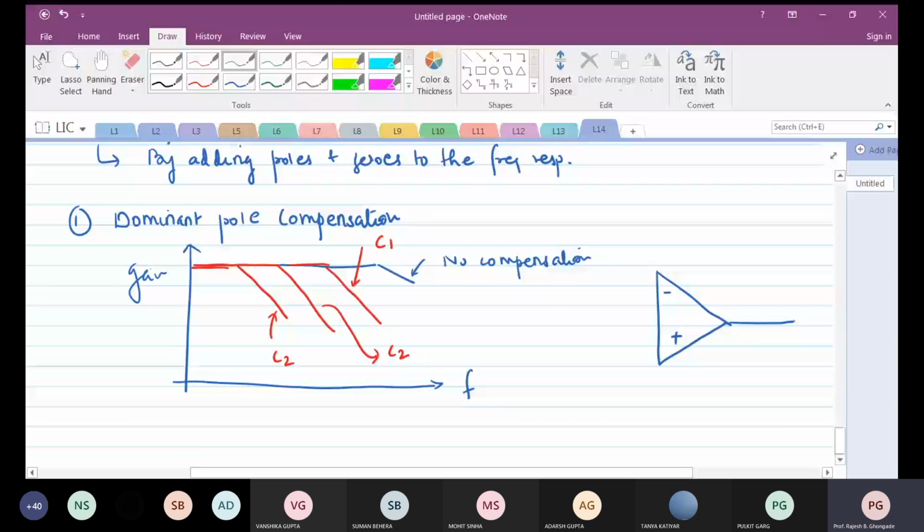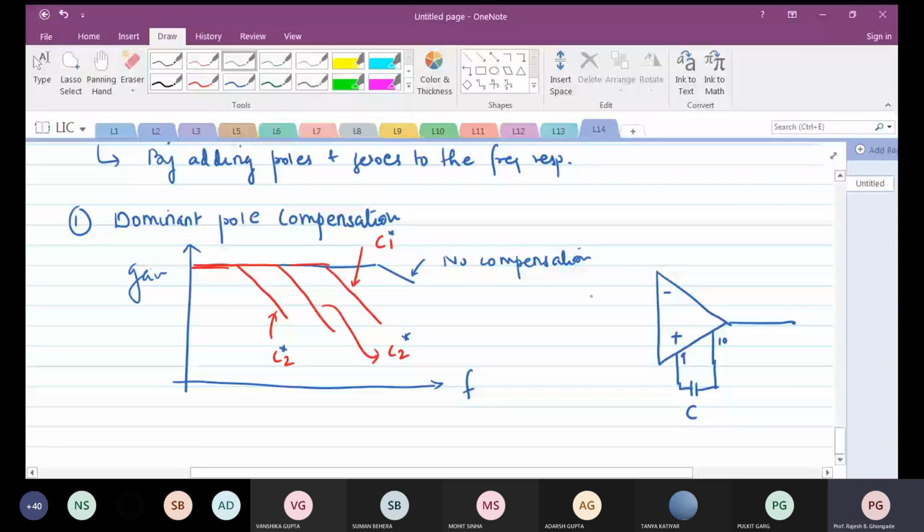So there are certain terminals available. Let us say pin number 9 and 10 here in this case, and we add a capacitor here. This is that capacitor which I am talking about. These are your inputs, whatever.